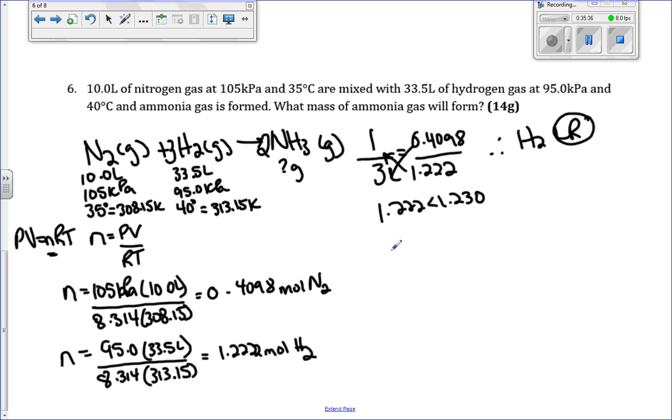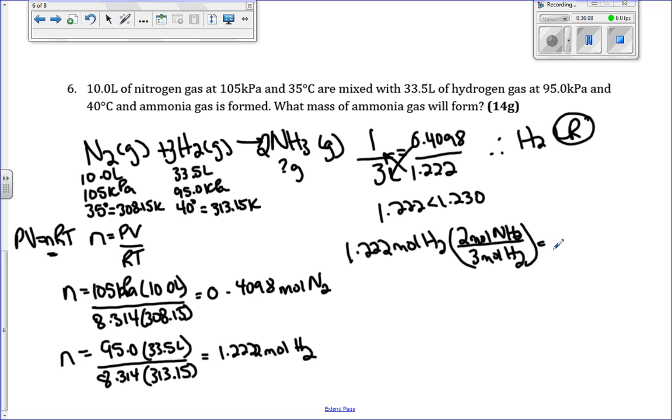So we can take the number of moles that we calculated for hydrogen, and now we can go through and figure out the mass of ammonia gas that is formed. So we're going to take 1.222 moles of hydrogen. We're going to look at the reaction relationship between our want and our given. We have 3 moles of hydrogen, and we have 2 moles of ammonia.